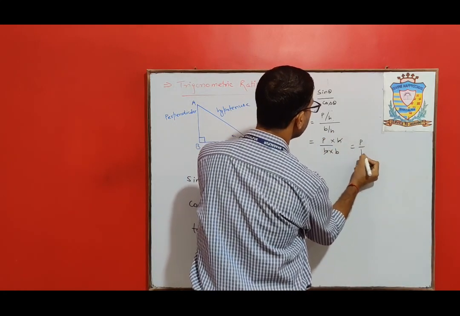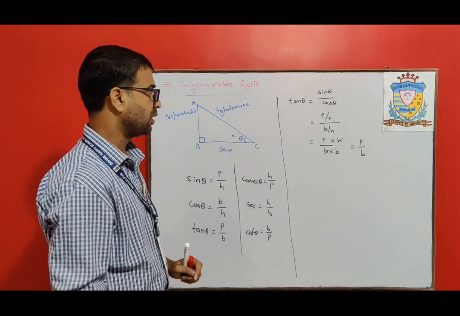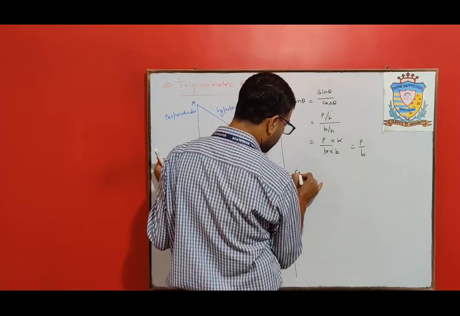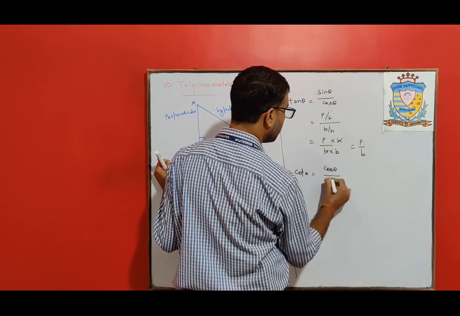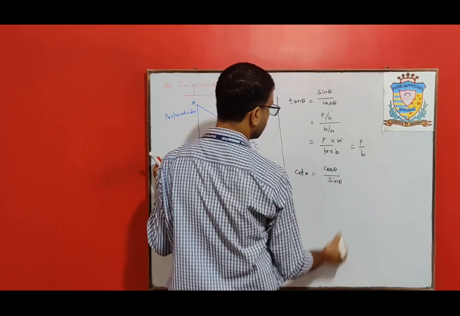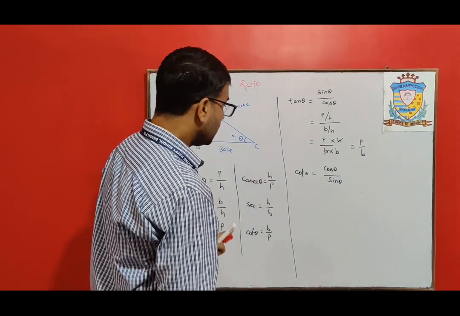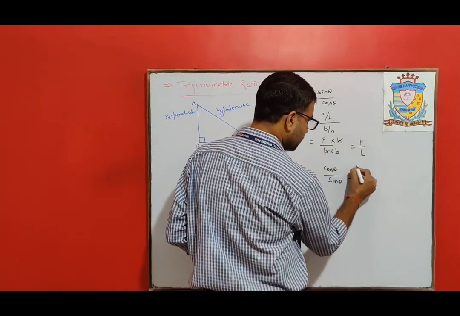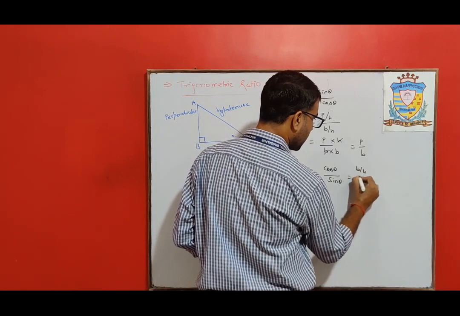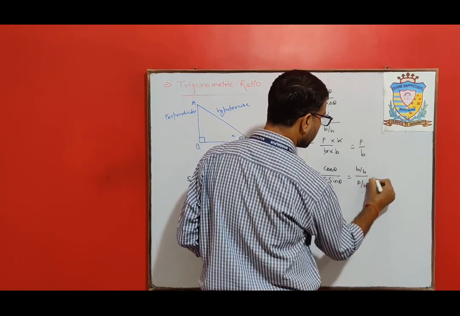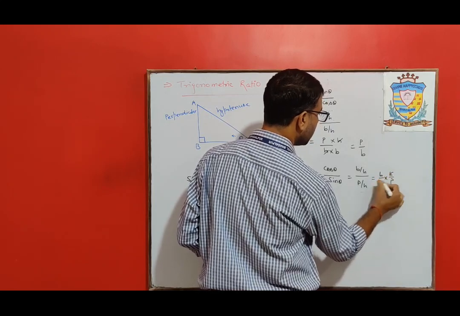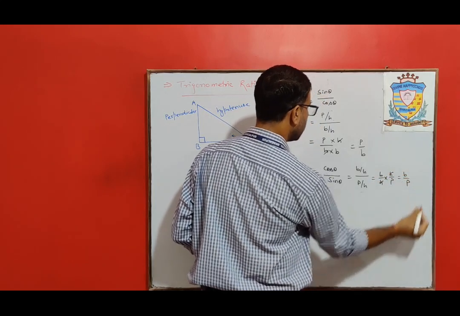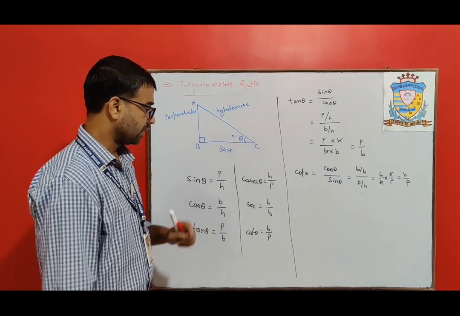So P by B. You get the same result. Similarly, cot theta can be written as cos theta upon sin theta. Clear? So cot theta is base upon hypotenuse and perpendicular upon hypotenuse. So base upon hypotenuse into hypotenuse upon perpendicular. So B by P. Cot theta.